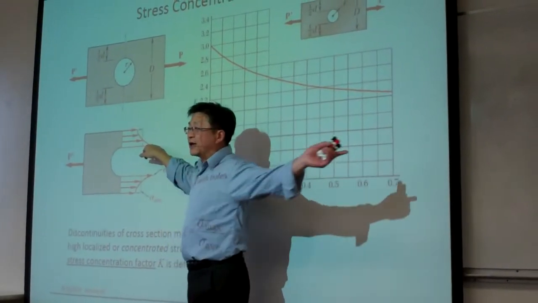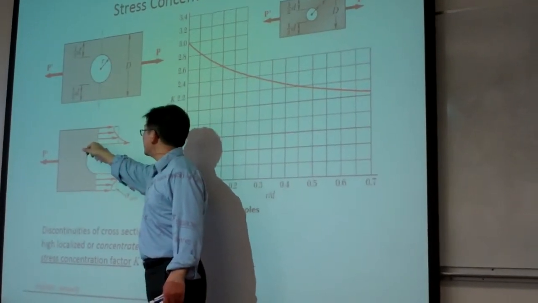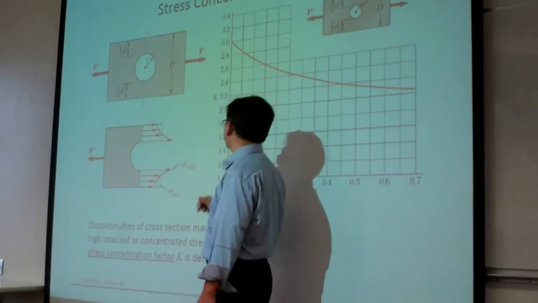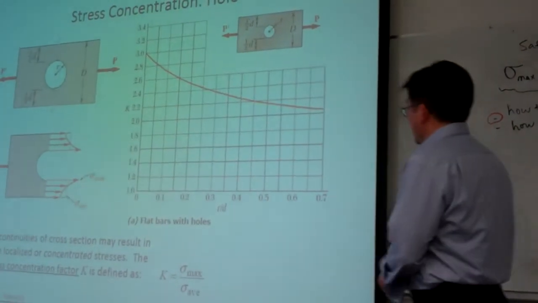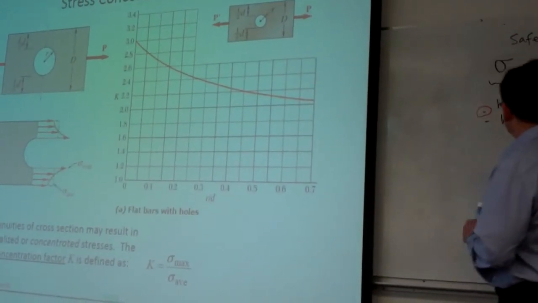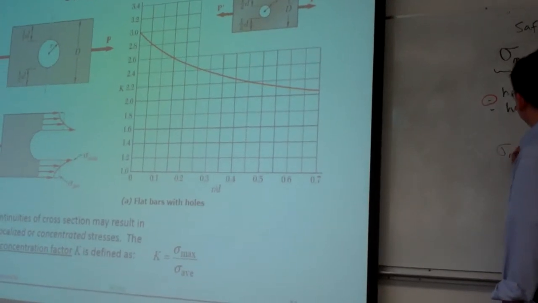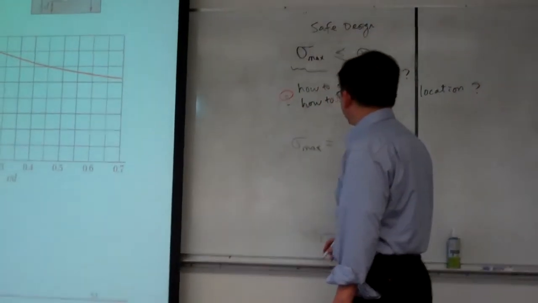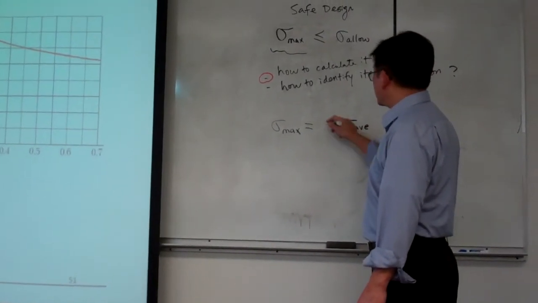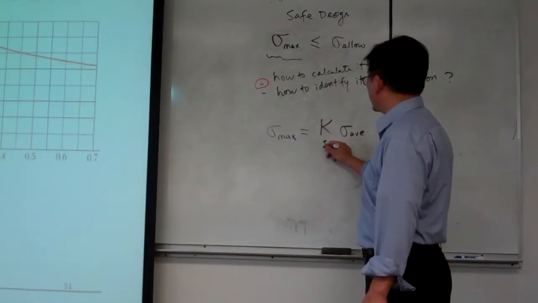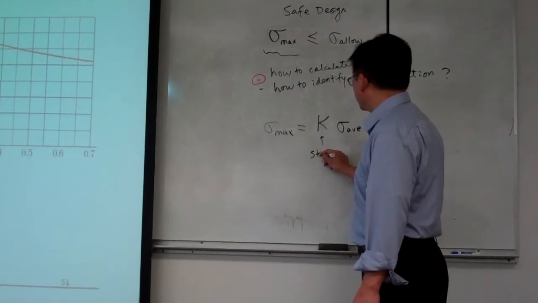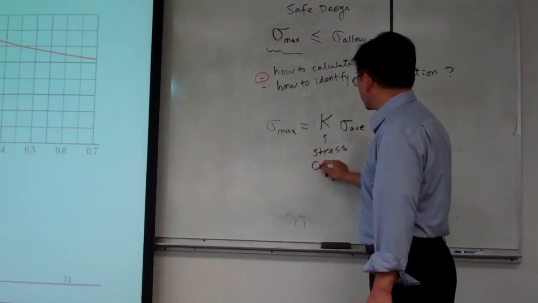And now for our design, we simply want to calculate the magnitude of this. How do we do that? We use this curve. For this example, the maximum value equals the average stress multiplied by K. K is called the stress concentration factor.